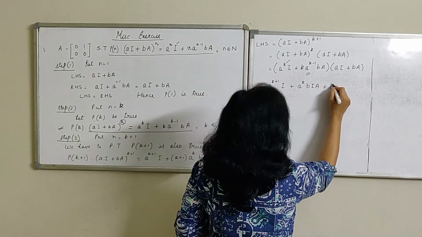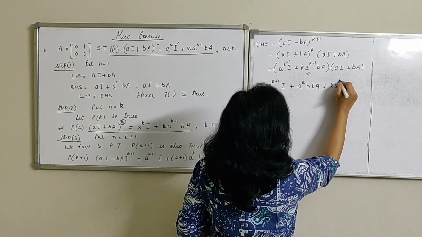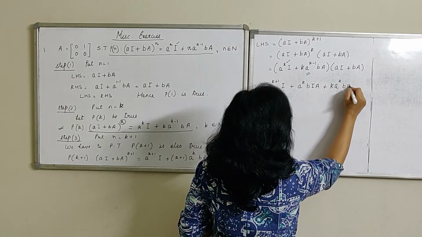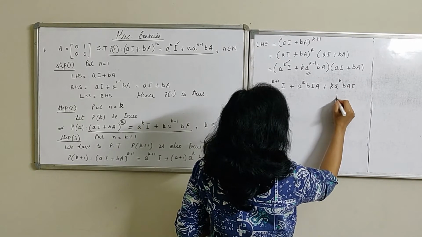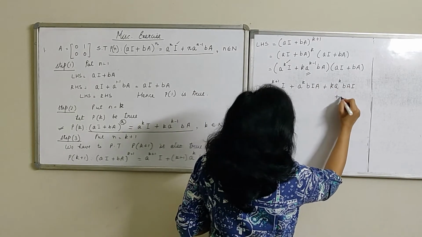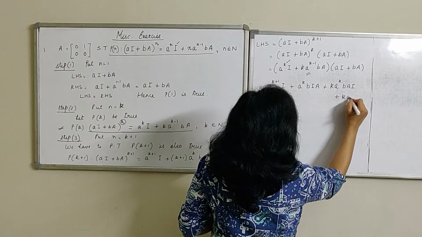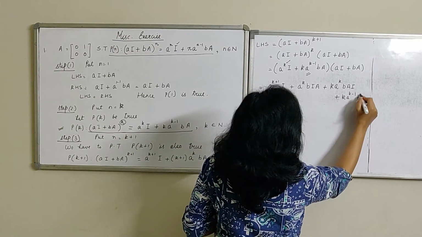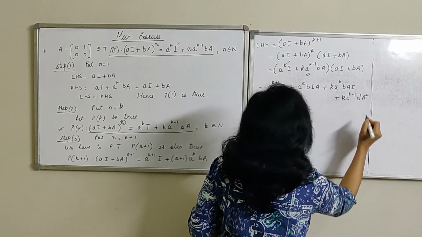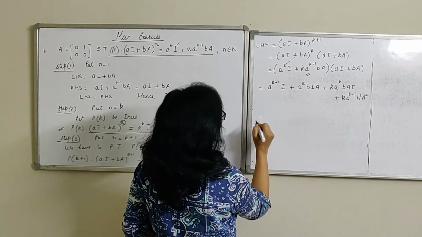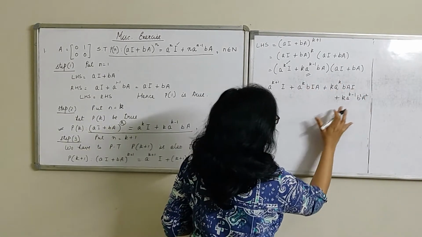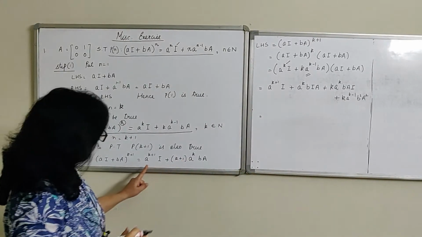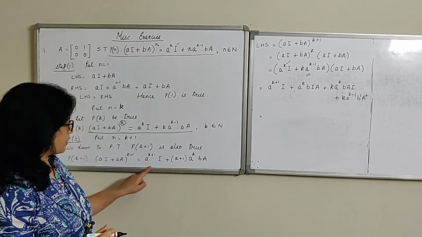So we'll obtain k a to the power k b A I plus k a to the power k minus 1 b square A square. Now the simplification has to be done keeping in mind the required result. We already know this has to be the result.